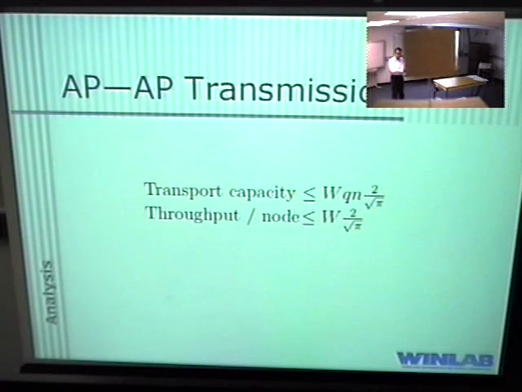Yeah, but maybe the way to do the bookkeeping is to only count the node to node throughput, and the fact that a lot of it is going through access points, they shouldn't be part of your count. They should be sort of an infrastructure. Does that make any sense?